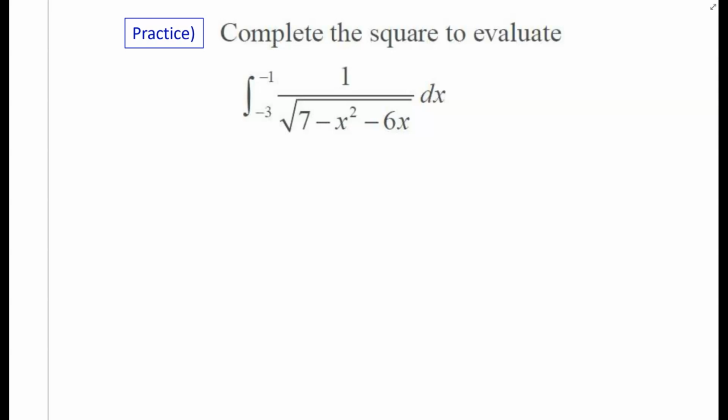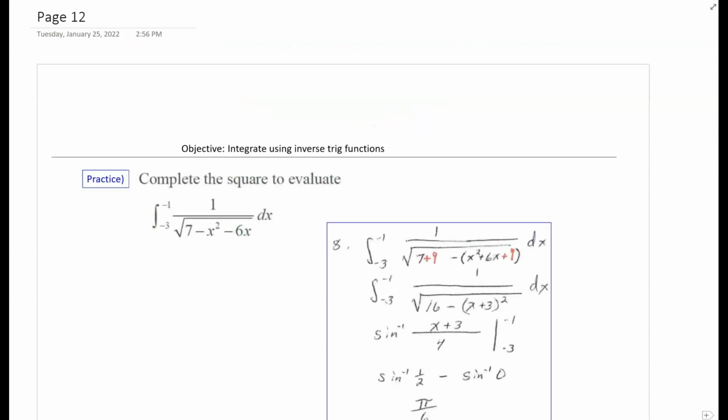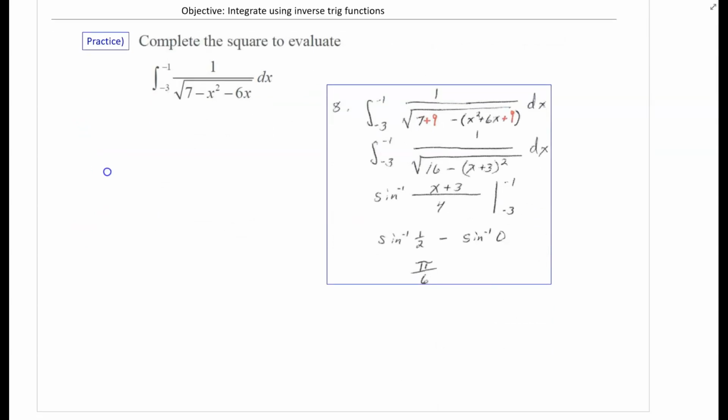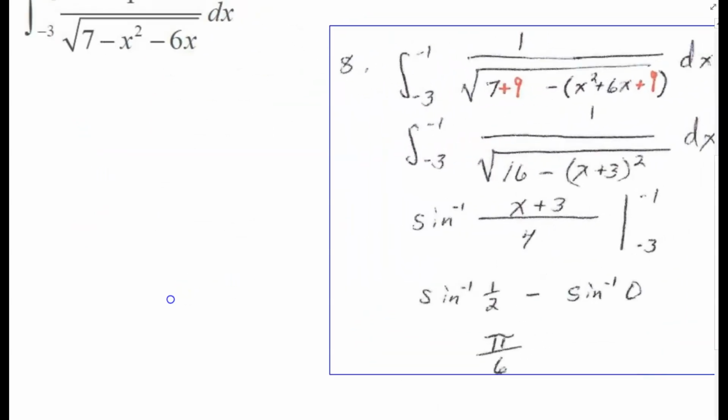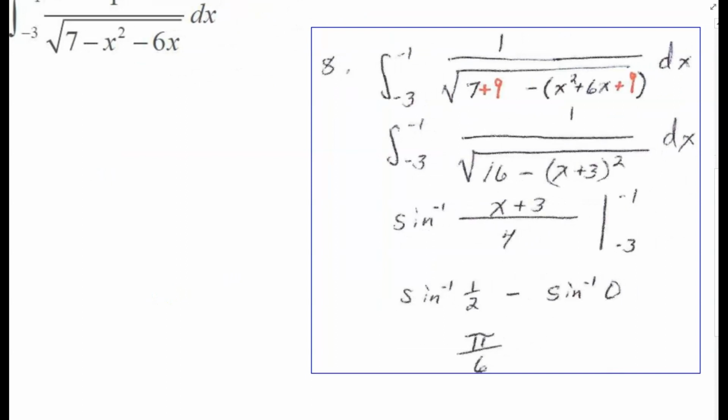Okay, hopefully you tried this one. Here is the solution. If you're going to complete the square, we take our linear term, the 6x, divide by 2 and then square it, that gives us 9.